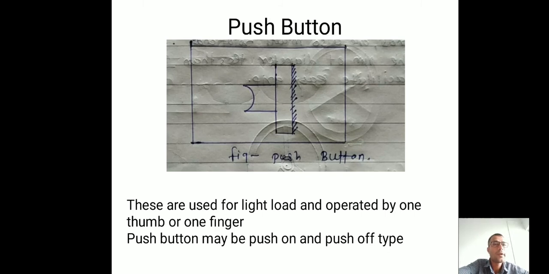So by one finger, if we initially push, it gets on. Again by the same finger, if you push it again, it gets off. So likewise this push button operates.